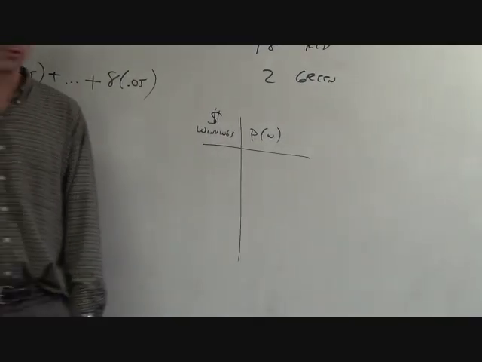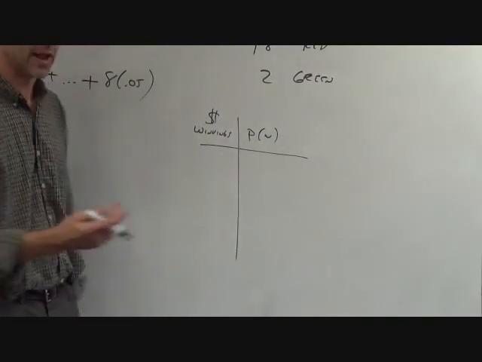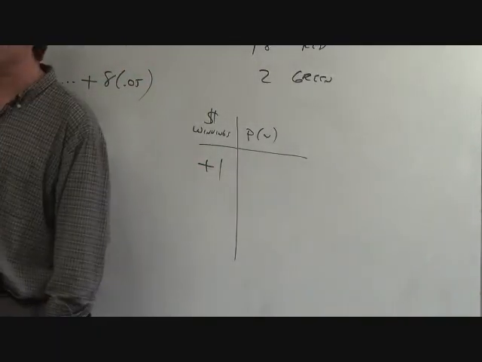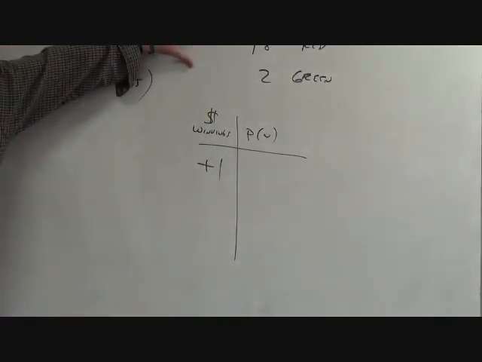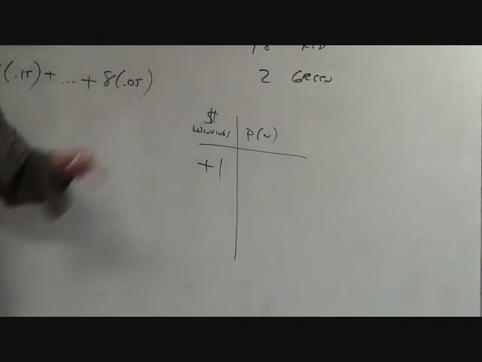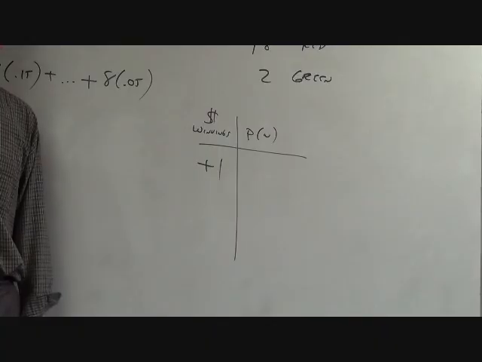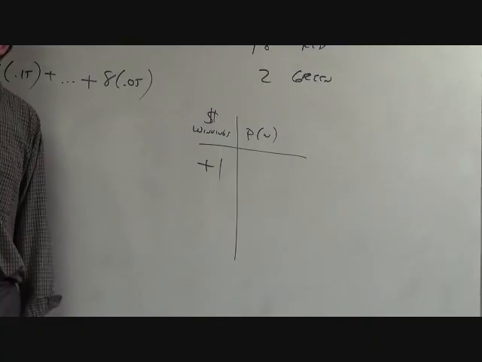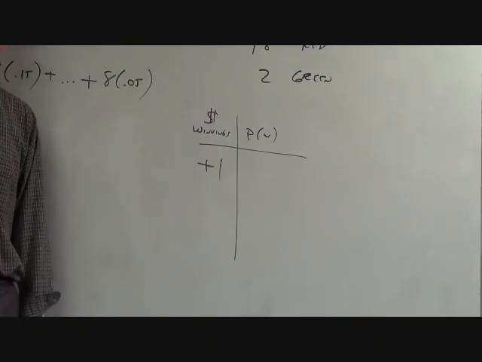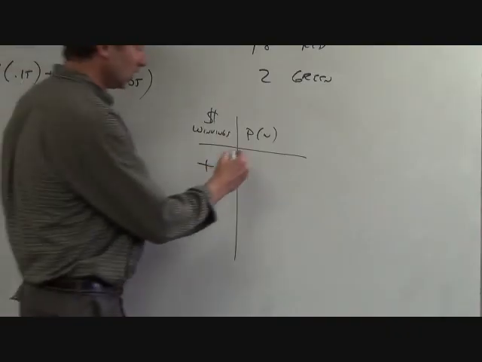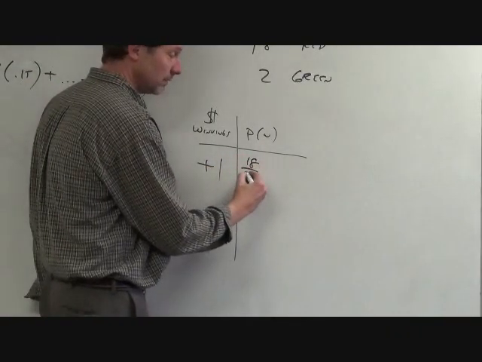So, what are my 2 situations in terms of how much money I could win? I might win $1. Now, what is the probability based on the way the roulette wheel is set up? What's the probability that the ball is going to land on the color that I chose? 18 over 38.